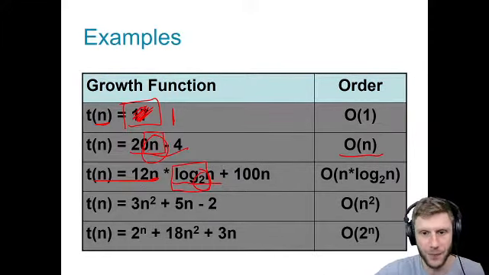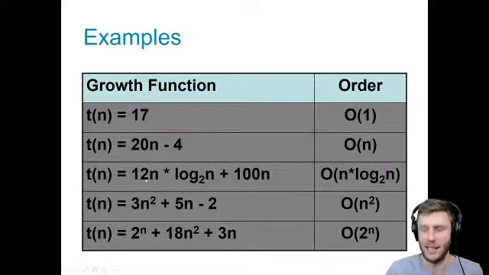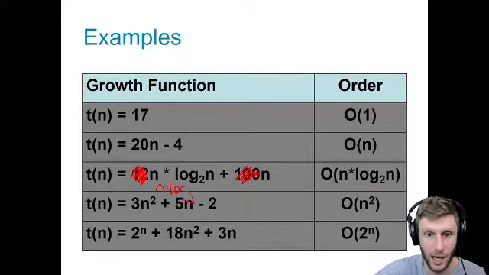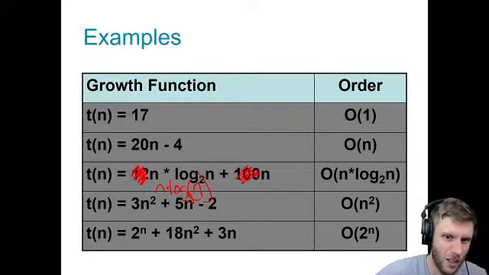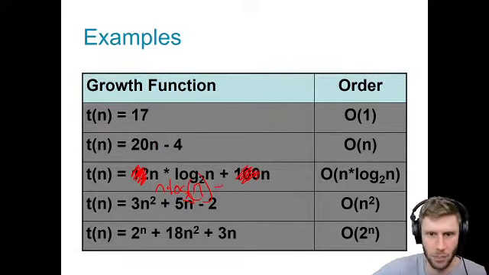So here, I'm gonna clear all this away. If I look at this, I'm gonna boil this down to eliminate all the coefficients. So here's a coefficient, here's a coefficient. So in the end, I have something that's n times log n. A lot of times we don't even write the base 2 because it's given in computer science, plus n.